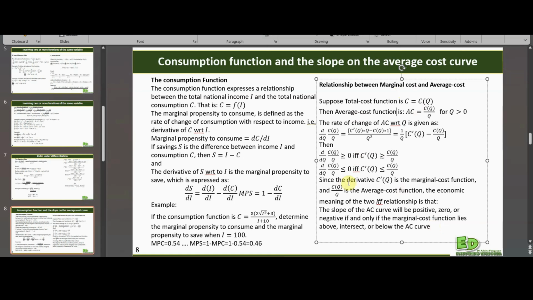What we have here, both the functions and the explanations, is simply telling us that when your marginal cost is greater than average cost, that is greater than 0, then we'll say the average cost function is rising.